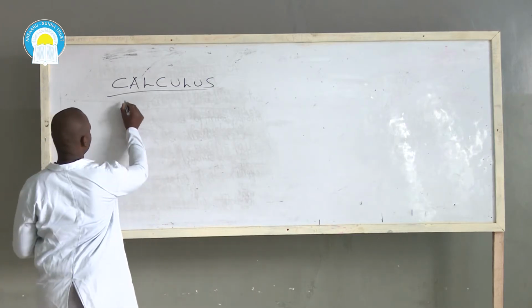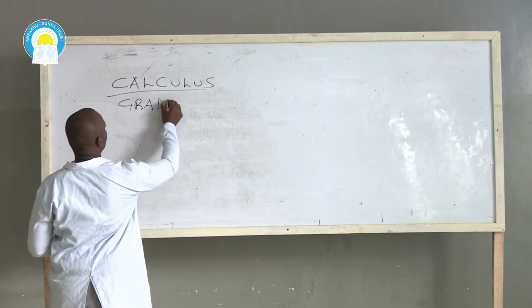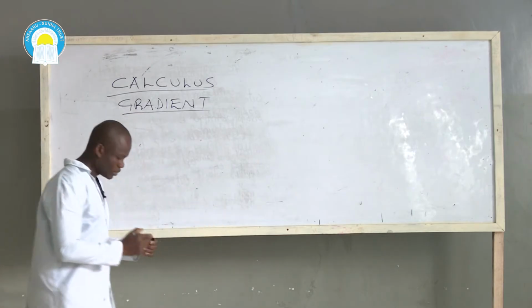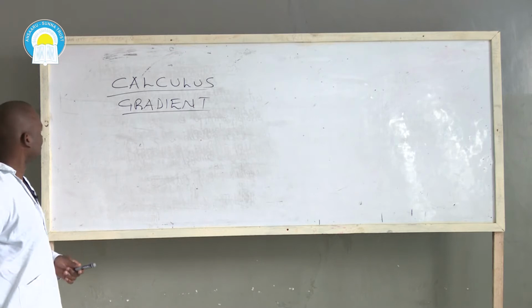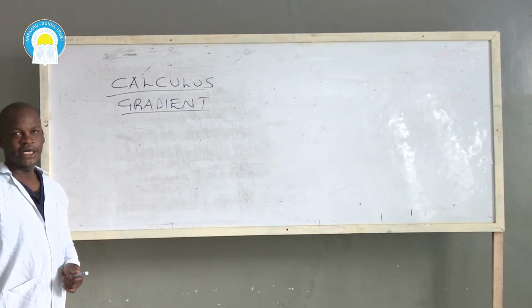So we have gradient. Gradient was defined as the measure of the steepness of a slope.